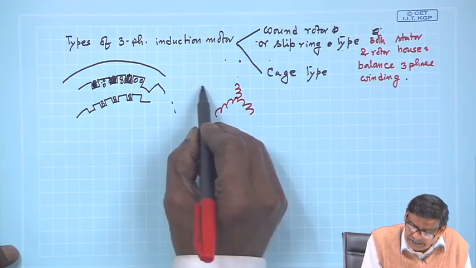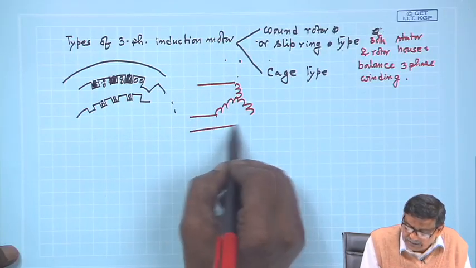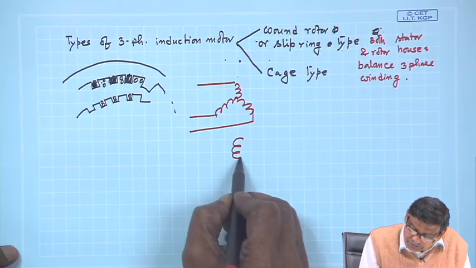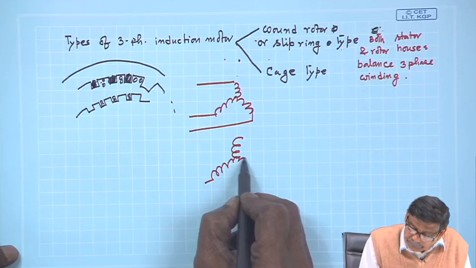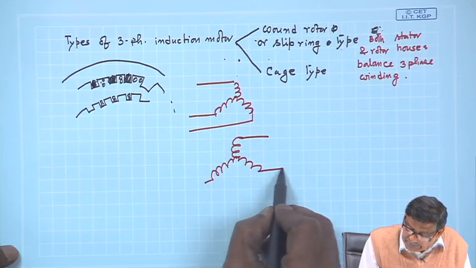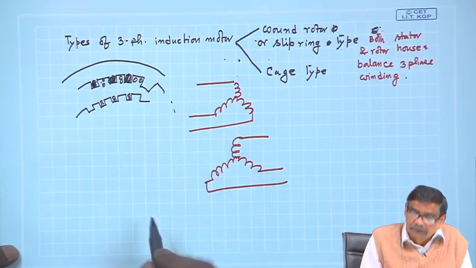This is the stator winding, suppose they are connected in star. Rotor windings also a balanced 3-phase winding. This is how, this is the rotor.